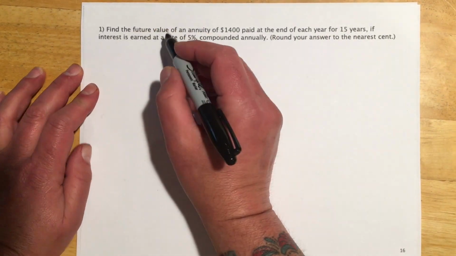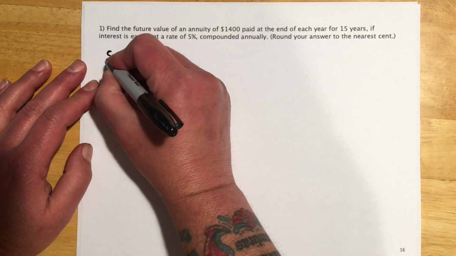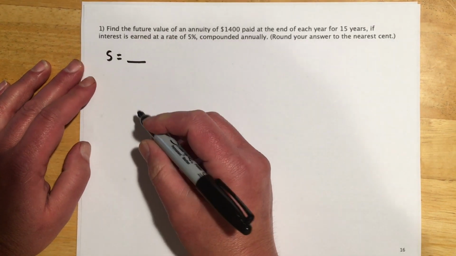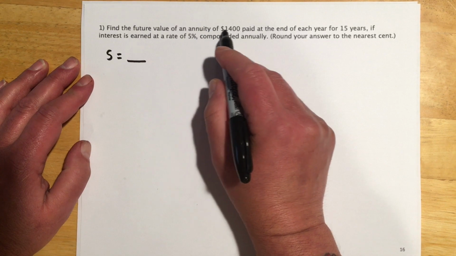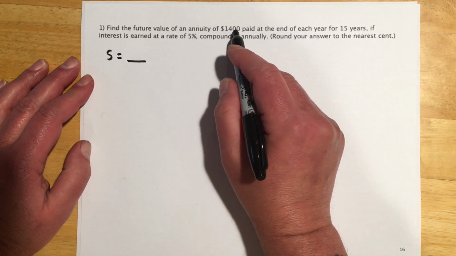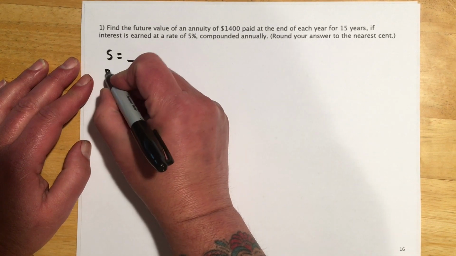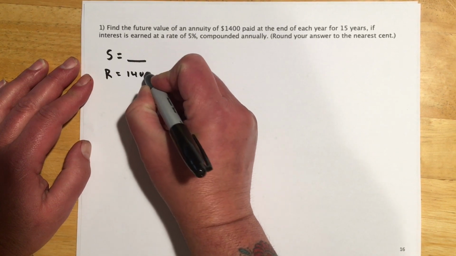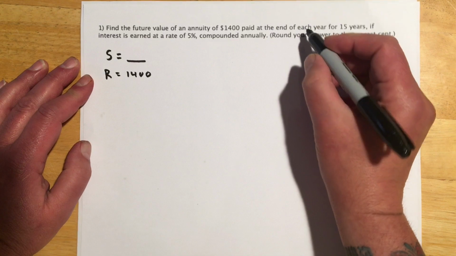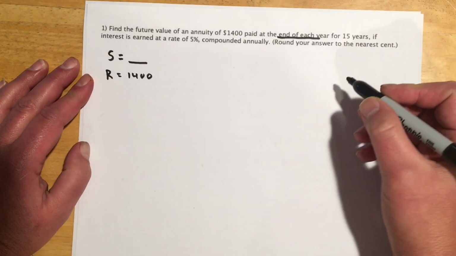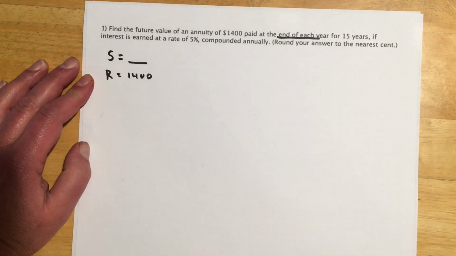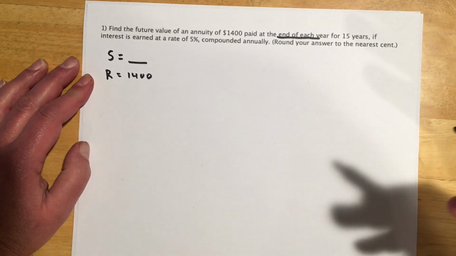So we are finding the future value, and that is S. S is what we're looking for, of the annuity of the $1,400 paid at the end of each year. That's our payment, so R is $1,400. End of each year is the key that tells you this is an ordinary annuity, because it's at the end of the period, not the beginning.